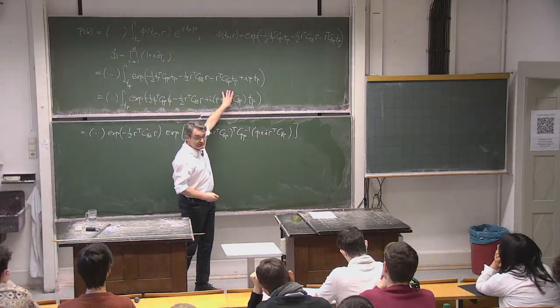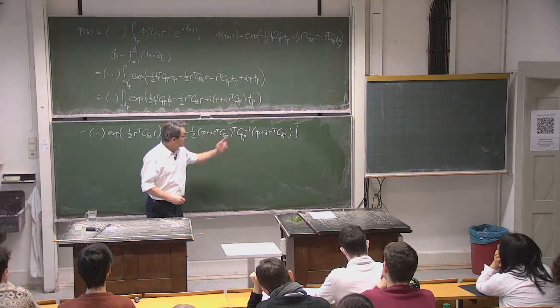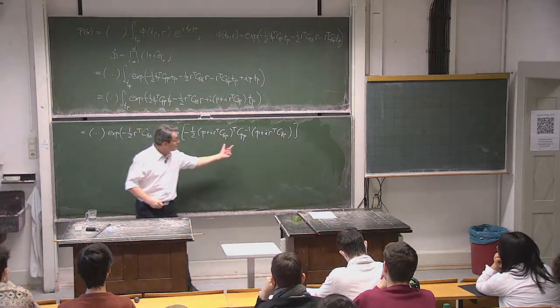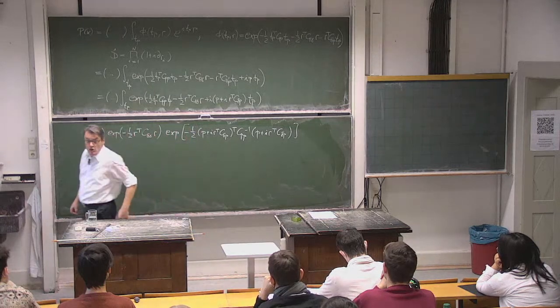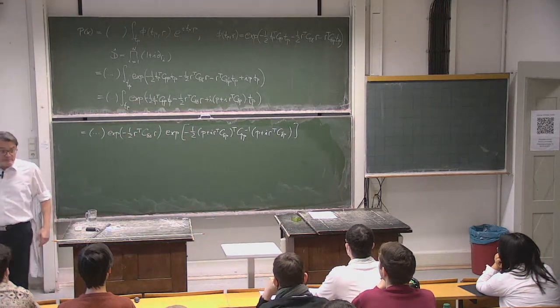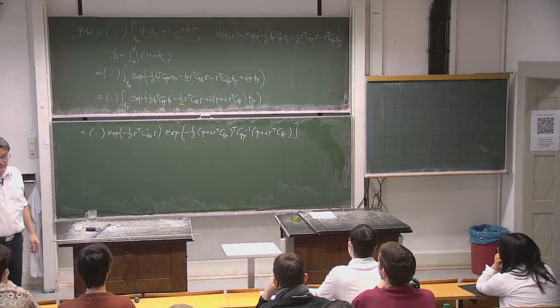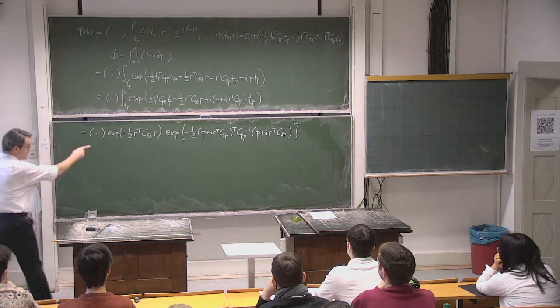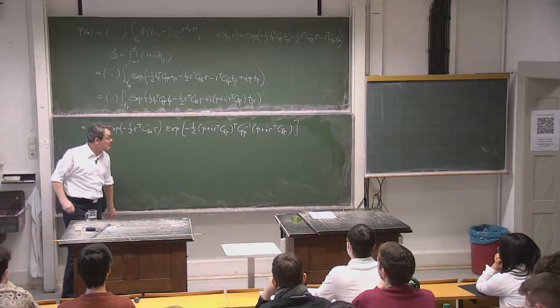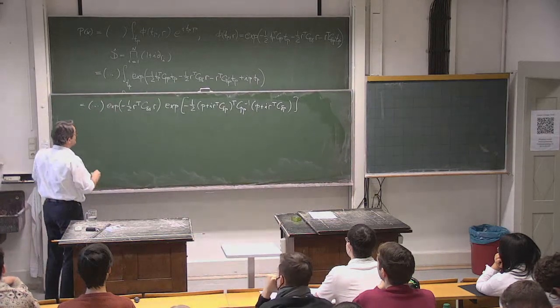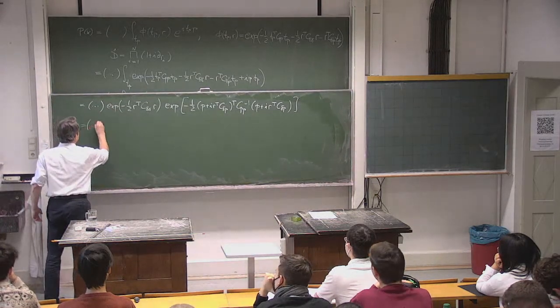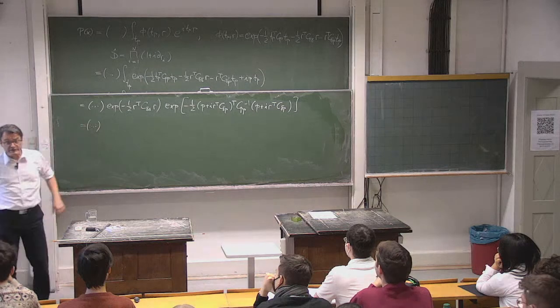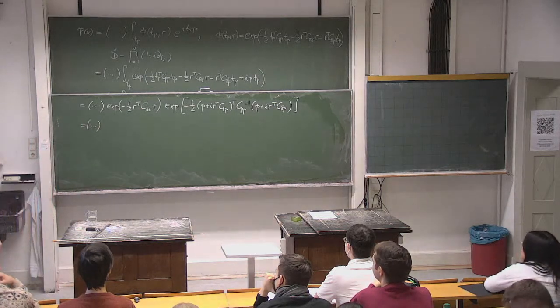This is our new wave vector. We get a Gaussian with inverse correlation matrix, where the new wave vector takes the role of the previous variable, right? So this is the result we get. Okay, that was easy. Now, in fact, we have a new prefactor here, but I just don't care about this.